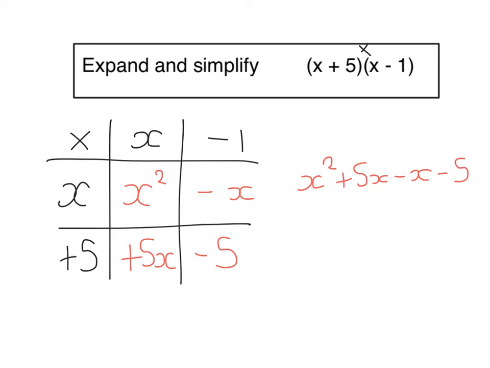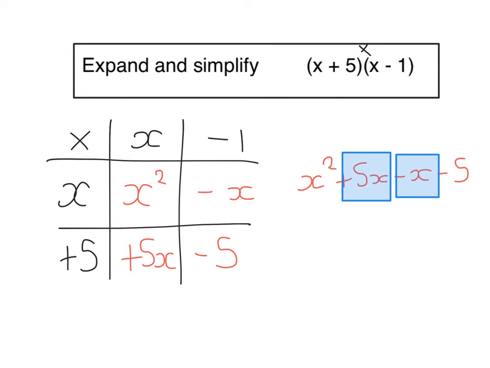It really doesn't matter which way round you write those, but now I should be realising that I can bring some x's together. So let's just put squares around my x's to demonstrate that they're like terms.